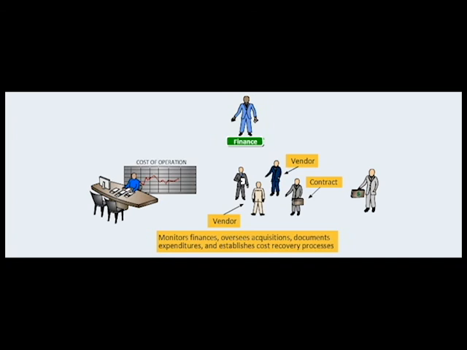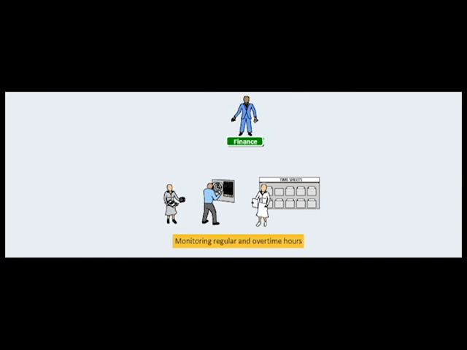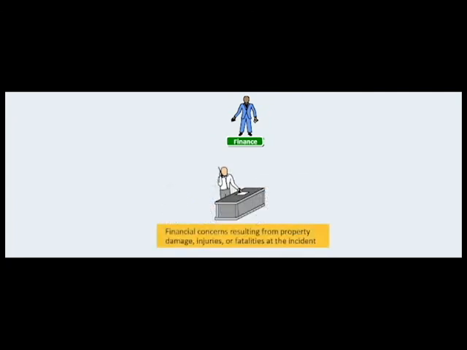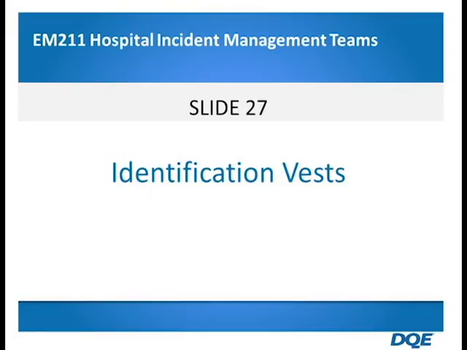Good financial documentation helps in cost recovery and reimbursement efforts with responsible parties, government agencies, and insurance companies. The Finance section may also coordinate personnel time and compensation, procure resources, and track the payment of invoices. This section is also responsible for financial concerns resulting from property damage, injuries, or fatalities at the incident.